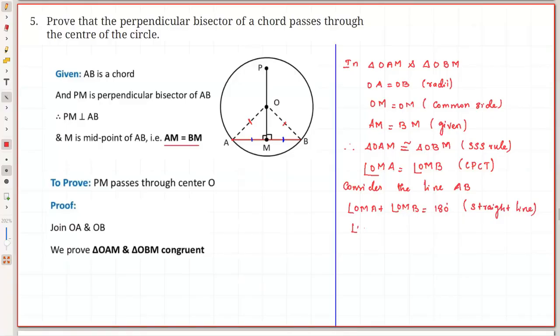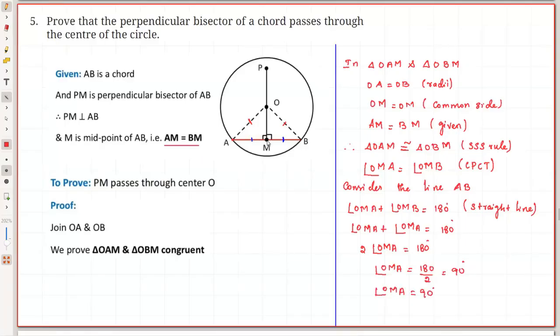Now we can write OMA plus, instead of OMB, again OMA is equal to 180 degrees. OMA plus OMA means 2 times angle OMA is equal to 180 degrees. Now take this 2 to this side, so OMA is equal to 180 by 2. 180 by 2 is 90 degrees. So angle OMA is equal to 90 degrees.